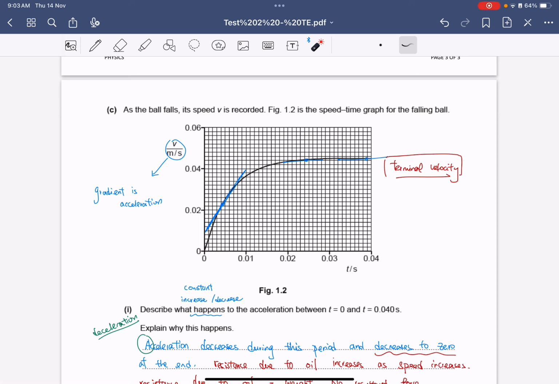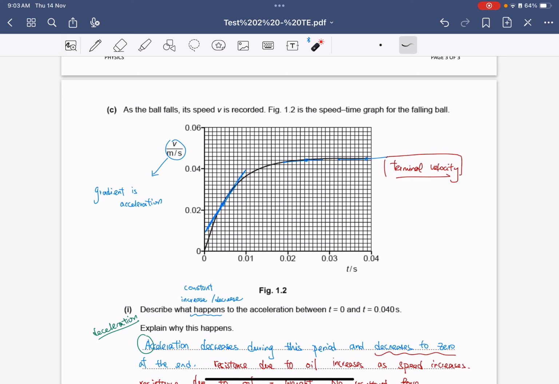Acceleration, the velocity time graph is still going up. Going up is still going up, but it goes higher and higher. So it's still acceleration. But this is different from a straight line. It means that the acceleration is not constant. If the acceleration is constant, well, it will just go like this. Then we will say acceleration is constant. Now the graph is curved like this. Then we say acceleration is decreasing.